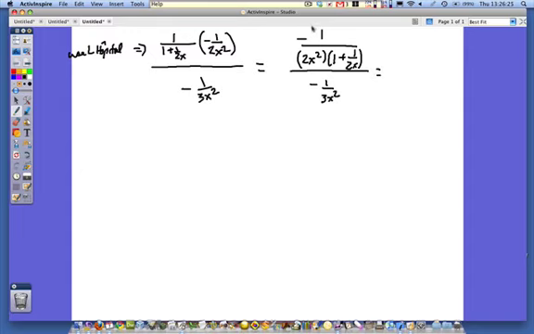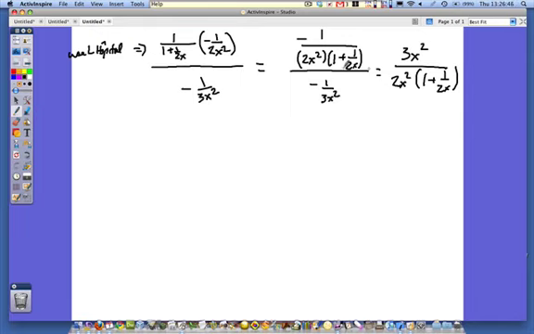Okay? The negatives will cancel. Let's bring this denominator up here to the very top and slide that down below. A little algebraic thing that I can do. 3x squared over 2x squared times 1 plus 1 over 2x. Now, remember that rule?